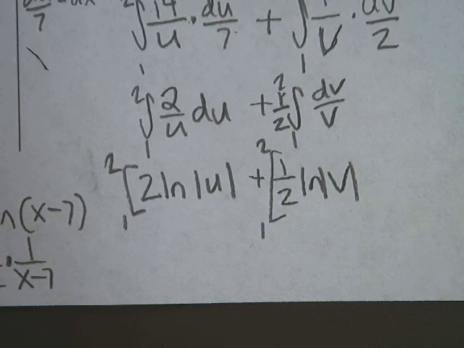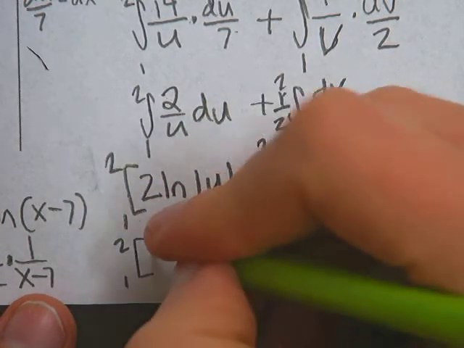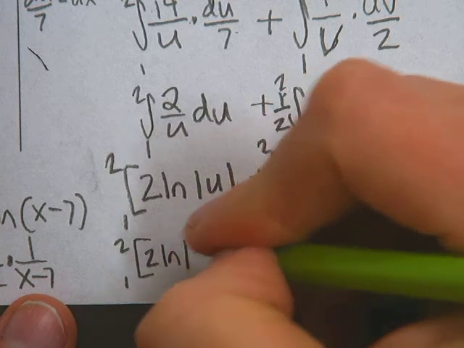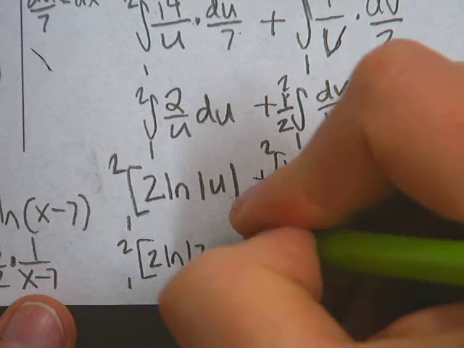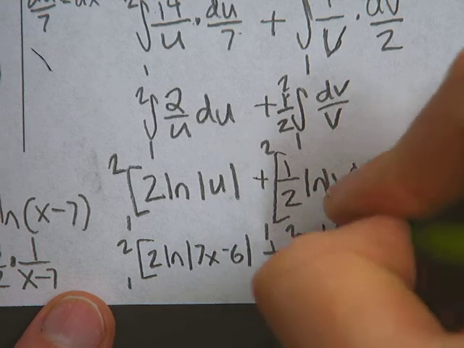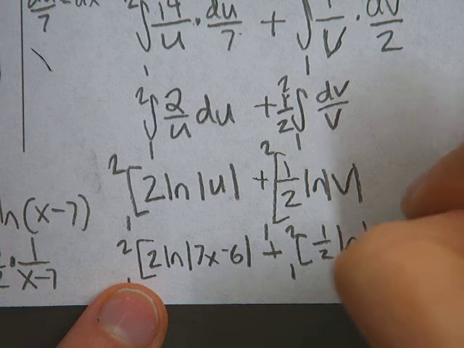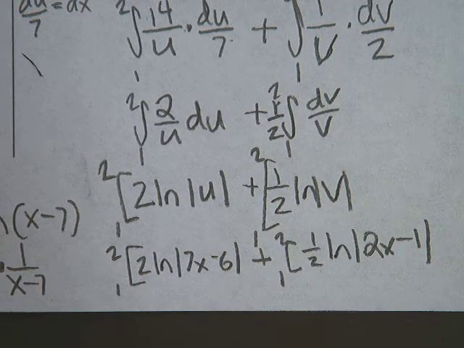Oh, and I'm going slightly off the page here. All right, now we've integrated. We need to plug back in u and v. So 1 to 2 of 2 natural log of 7x minus 6. And integral from 1 to 2 of 1/2 natural log of 2x minus 1. And lastly, all we have to do is plug in our values.